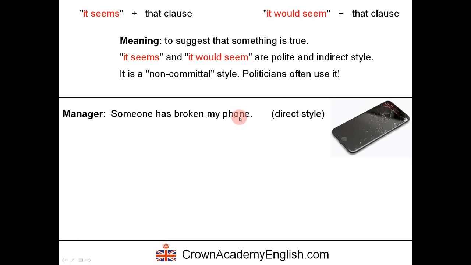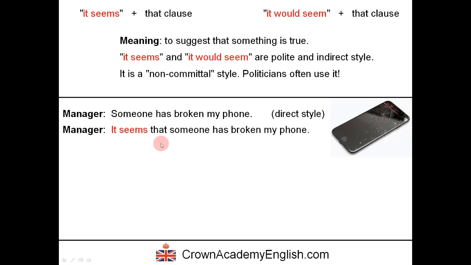Someone has broken my phone. So this is a normal way of saying it, without seem. And notice this is a very direct style. When the employees hear this, it's a little bit aggressive. They feel that they are being accused of breaking the phone. So this is direct.